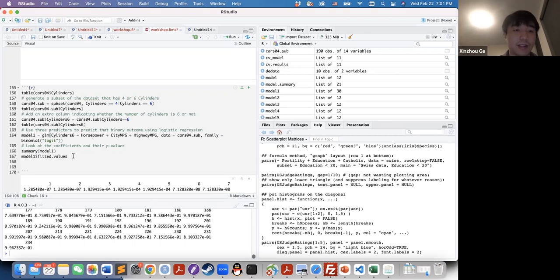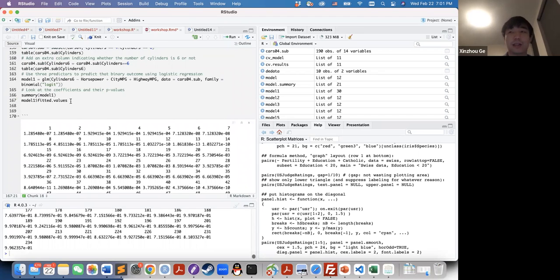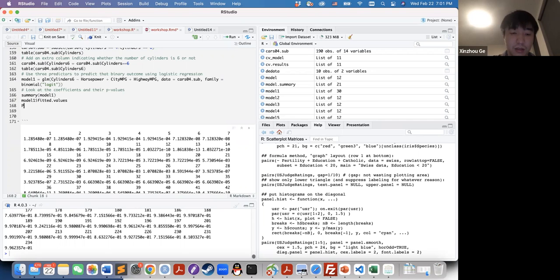One way to make decisions for each of the individuals is to take the cars which have probabilities greater than 0.5 as the cars predicted to be 6 cylinders, because they have a larger probability to be 6 cylinders than 4 cylinders.